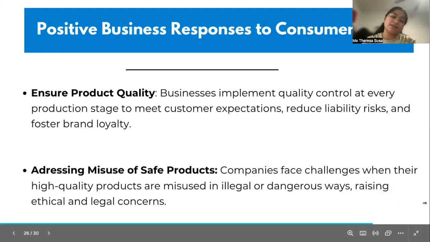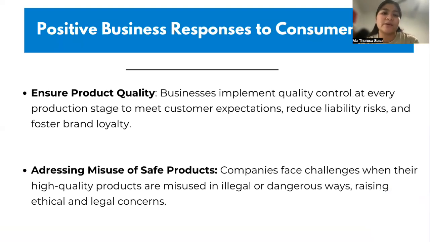So for my next slide, this is the positive business responses to consumerism. The first one is managing for quality, ensuring product quality, all the measurements an organization takes to assure the quality.